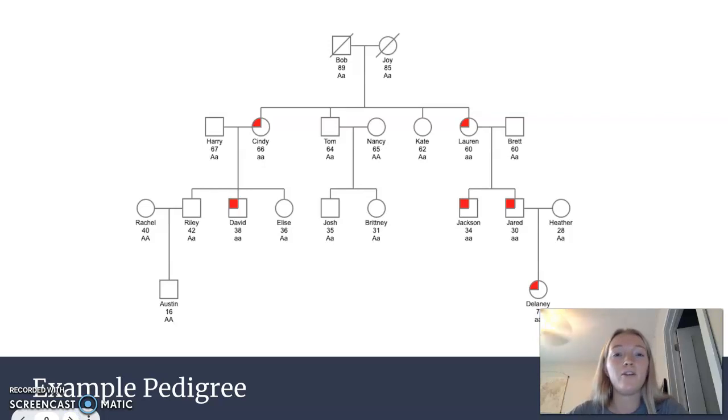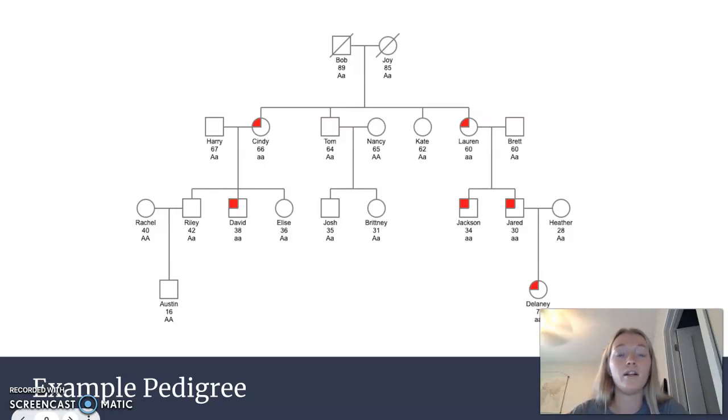And here is a pedigree example of what generational inheritance of CAH could look like. So in a recessive pattern, you will see that both parents could not present the disorder.